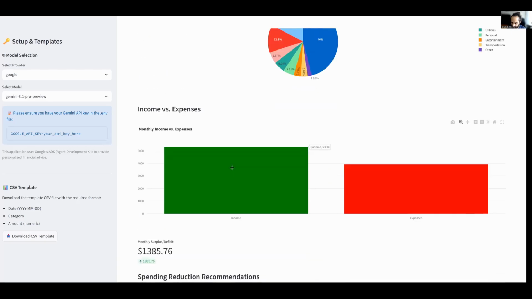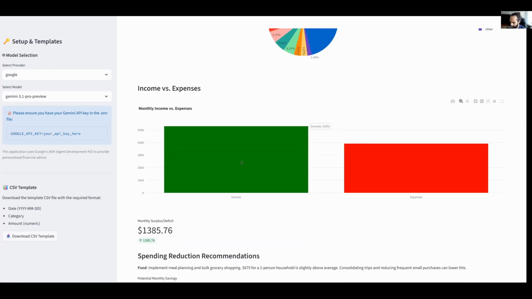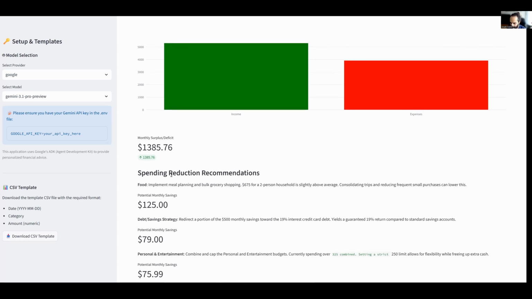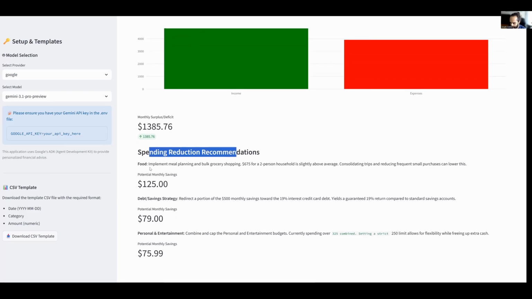Now let's go to this section where we have our income compared to our expenses. By comparing the income and expenses, we have a surplus of 1,385. And here we have some spending recommendations. Our agent is recommending that we implement meal planning and bulk grocery shopping.